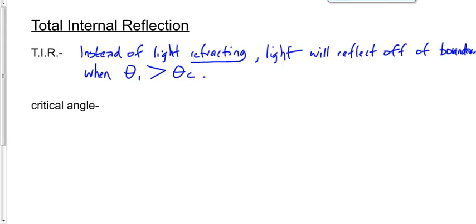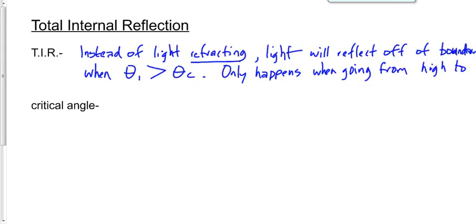It only happens when you're going from high to low index of refraction. Never happens going from low to high. It's physically impossible to get total internal reflection when you're going from low to high index of refraction.